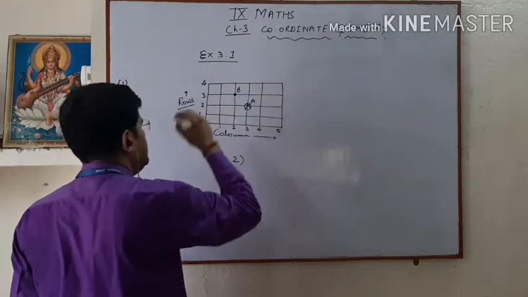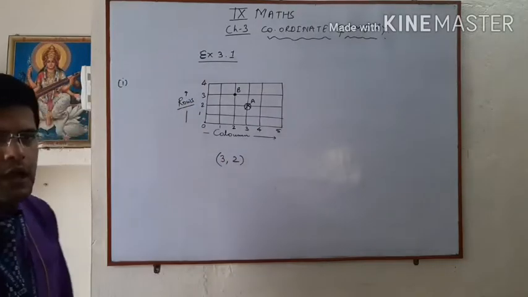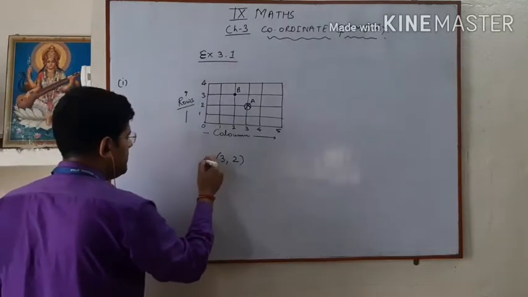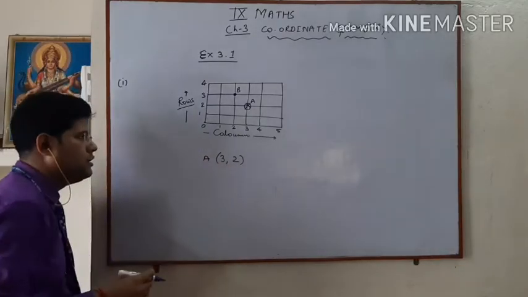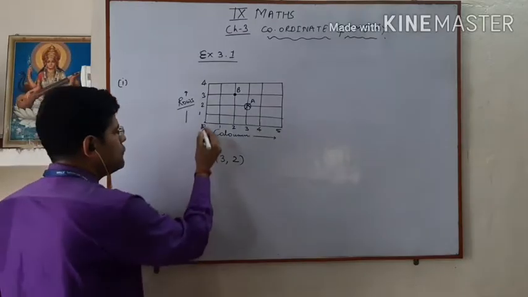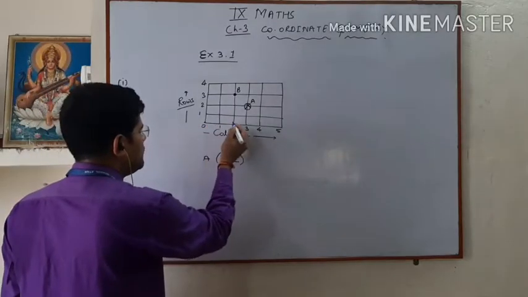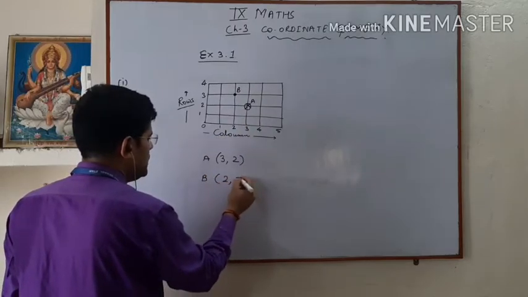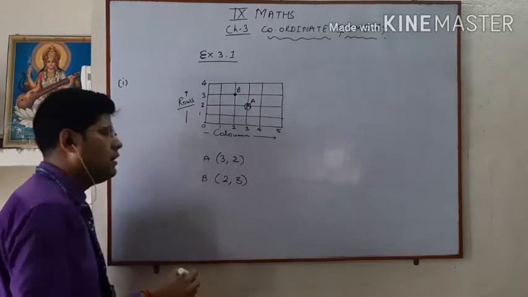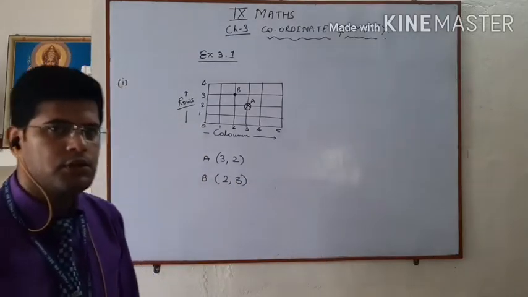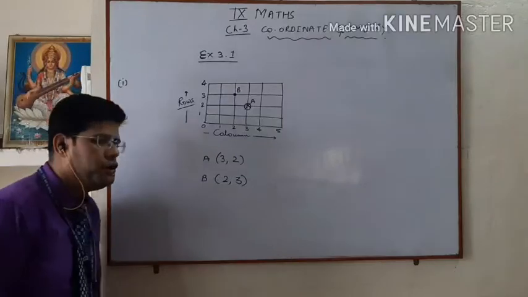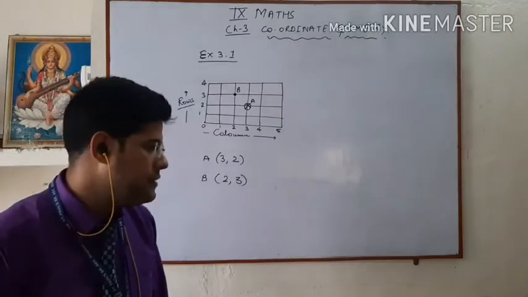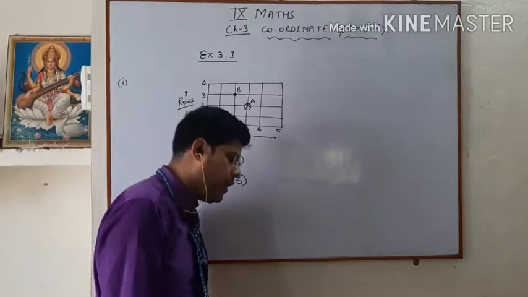This one is position B. If anybody asks you at what position the table lamp B is placed, firstly you move 2 steps in column, then 3 steps in rows. So you get the exact position of the table lamp at the second position B. By this method you can do any type of example which is given in exercise 3.1.